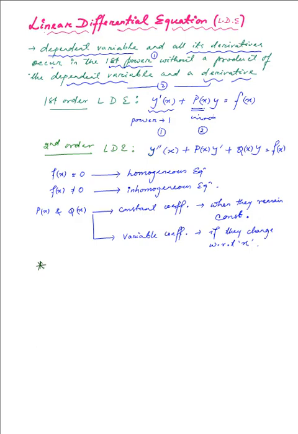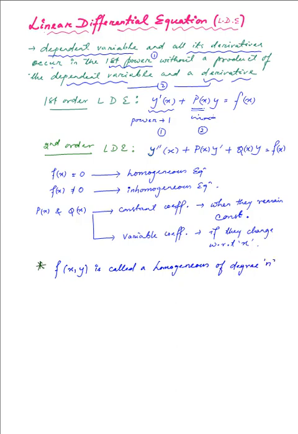Now the function f, which is dependent on x and y, is called a homogeneous equation of degree n.